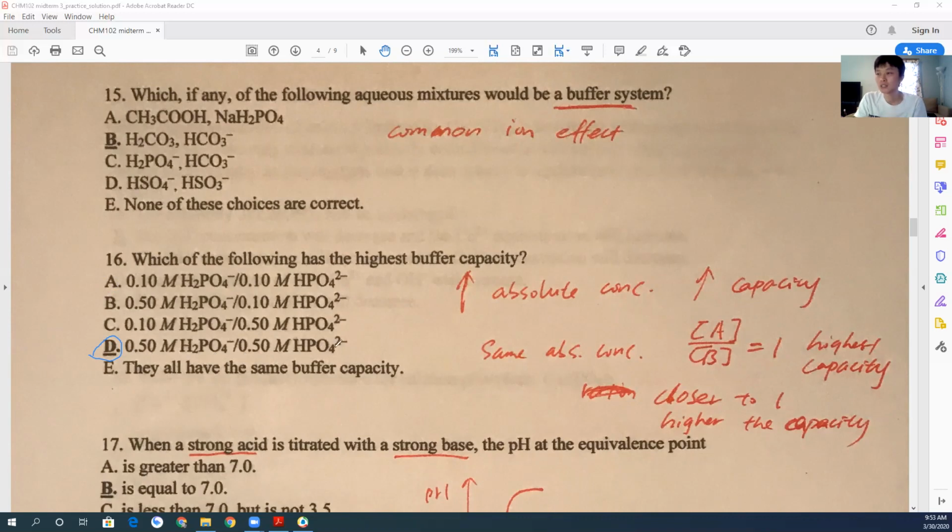That gives the highest buffer capacity. Meaning that if you add the same amount of strong acid or base into these four buffer systems, the change of pH in this solution will be minimum, because the buffer has the highest capacity.